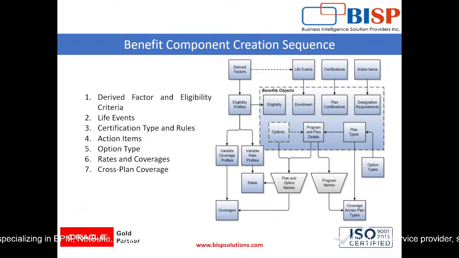So your standard life events might be your marriage, and your custom ones you can create, like for example relocation. These can be included into your custom life event. And there is certification type and rules. So predefined certifications, for example proof of marriage for spousal coverage, are available, but you can rename them.